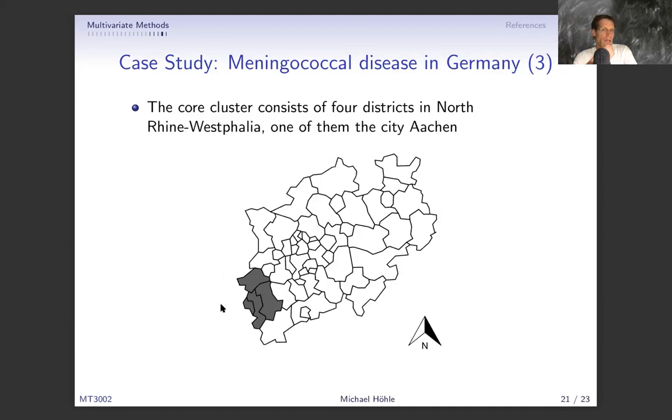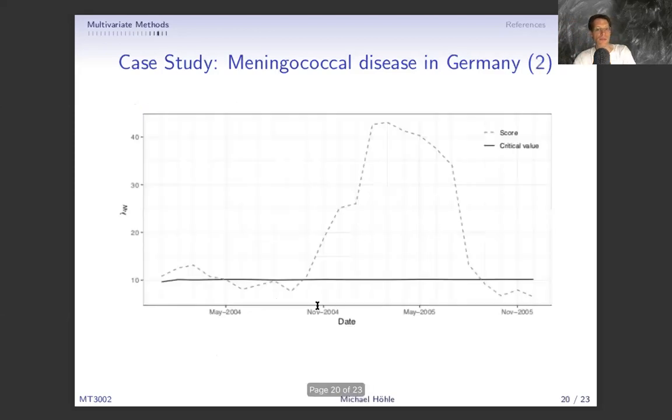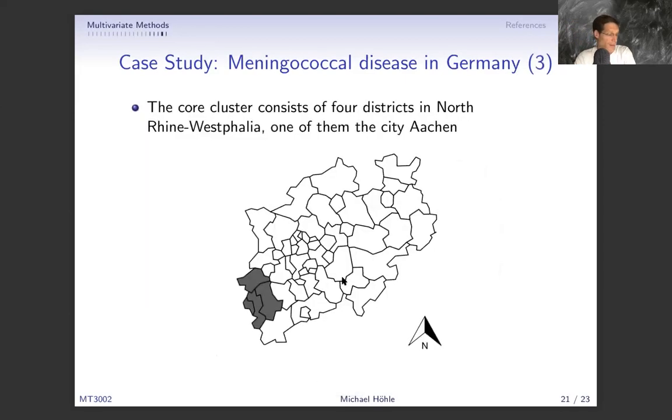You have these 4 regions, including the city of Aachen, where you have a spike in cases at the end of 2004, spring 2005. That was actually a cluster of cases, and there was also a spillover of cases from the Netherlands.